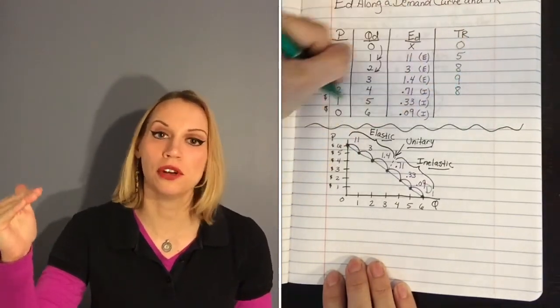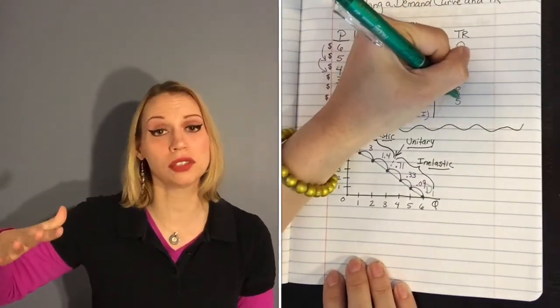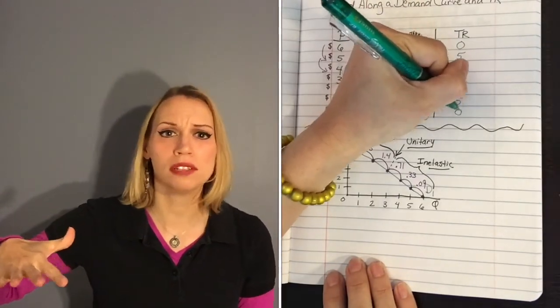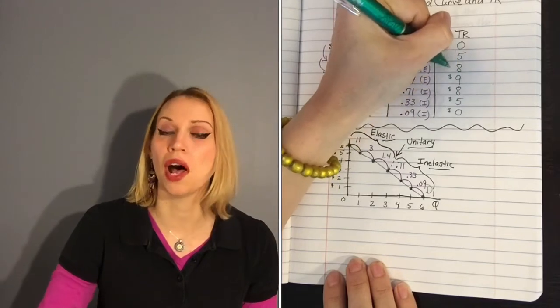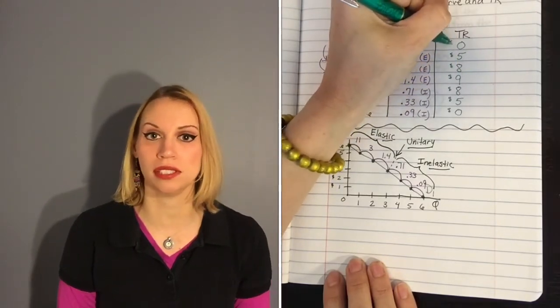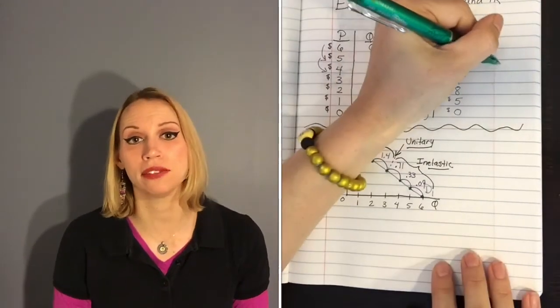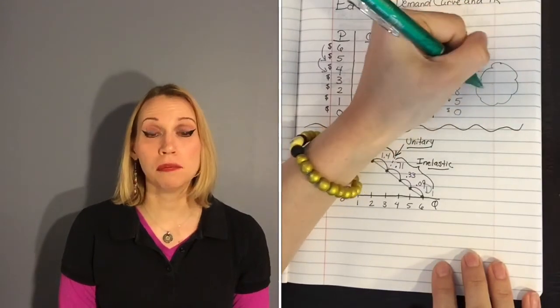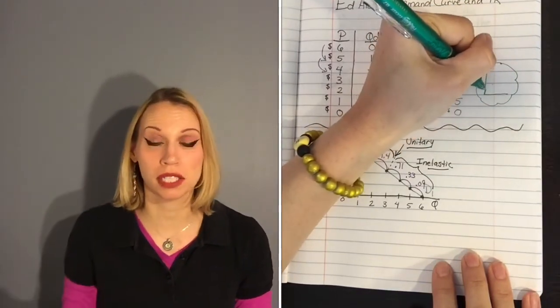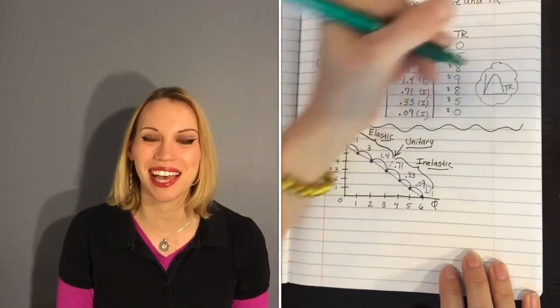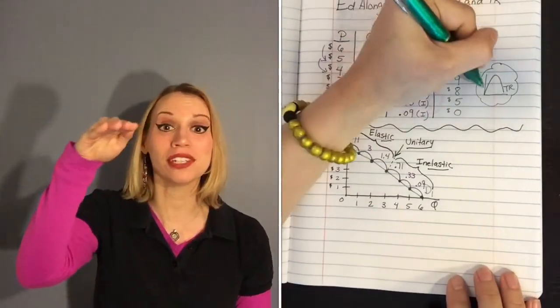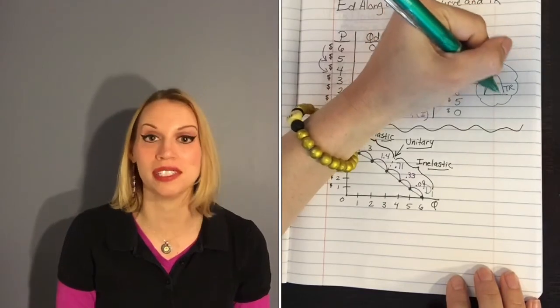Notice that your total revenue values start to increase, but then at the middle of the chart, they hit a high point and they start to turn and fall back down the way they increased. If we were to graph a total revenue curve, then it would basically have a parabolic shape, or it would look like a rainbow if you wanted to think about it like that. It's going to increase at first and then it's going to fall and decrease.